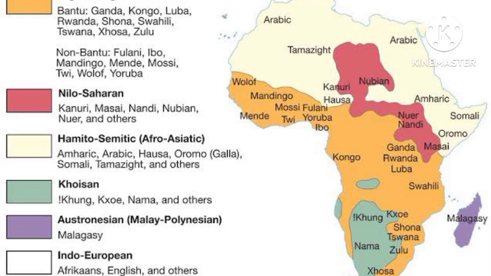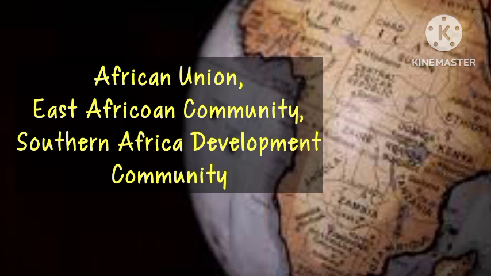It is spoken by over 200 million people. The language is officially the language of Tanzania, Rwanda, parts of Kenya, Uganda. This is according to Wikipedia. And this Swahili language has been adopted by some international bodies within Africa.